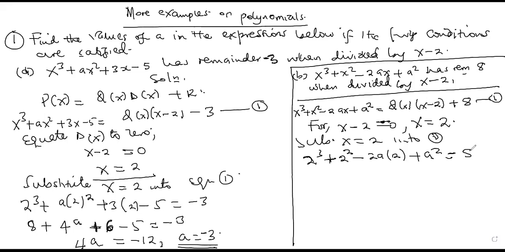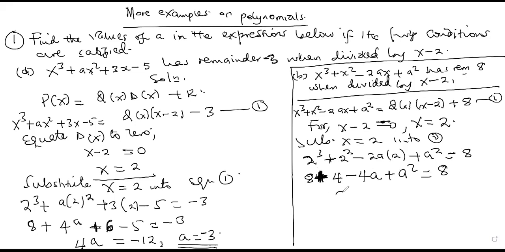So it will give you 8. When you work on this, you're going to have 8 plus 4 minus 4a plus s squared is equal to 8.